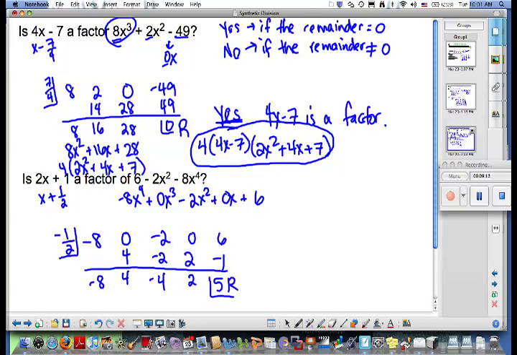So we have a remainder of 5. So the answer to the question, is 2x plus 1 a factor of 6 minus 2x squared minus 8x to the 4th? No, because there is a remainder of 5. And that is synthetic division.